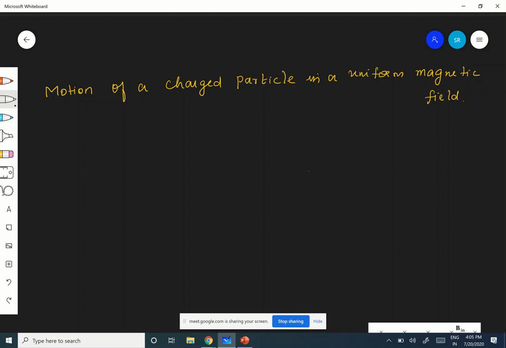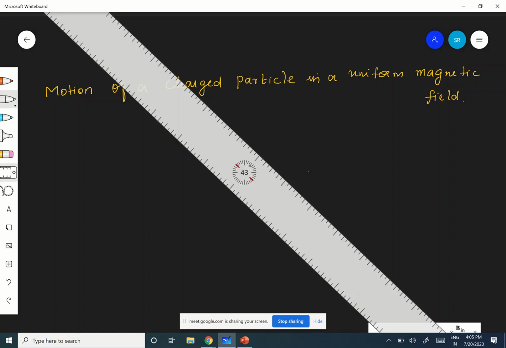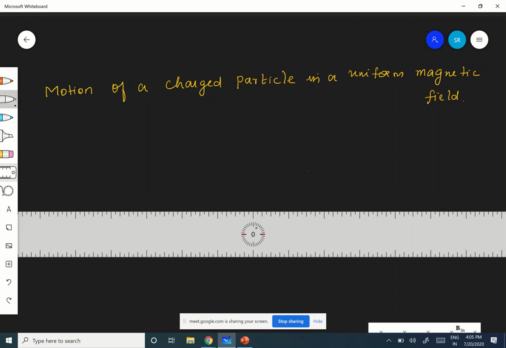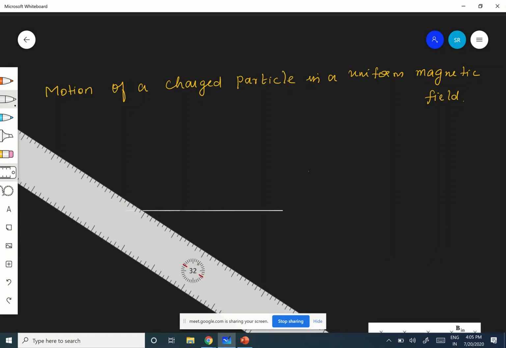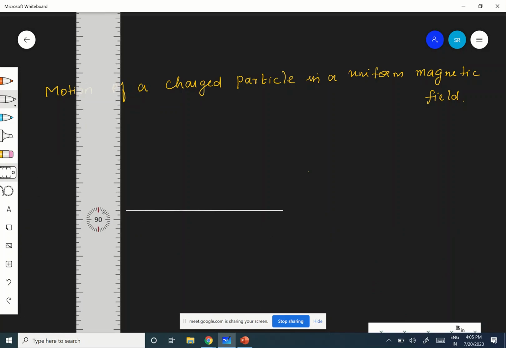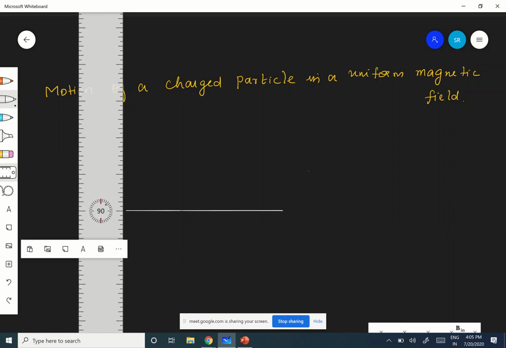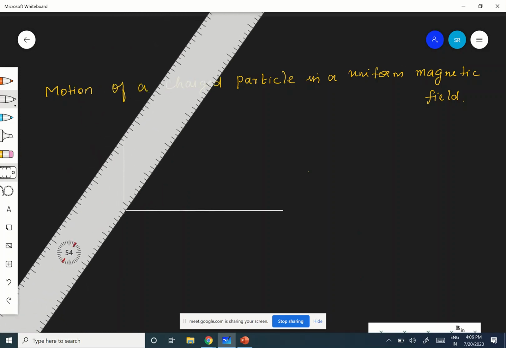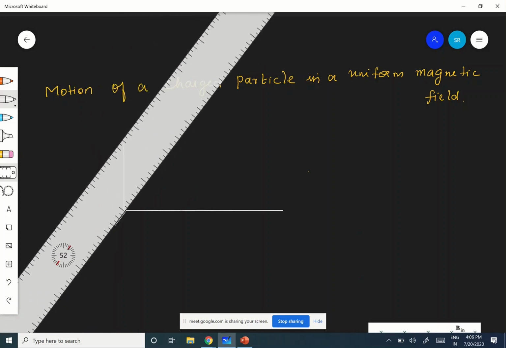Now consider a uniform magnetic field. I have the magnetic field here along the x direction.